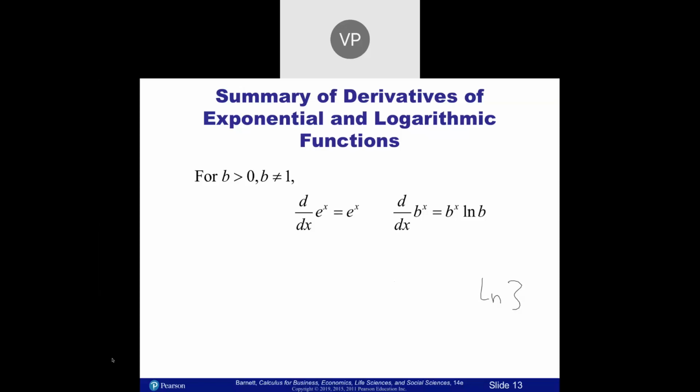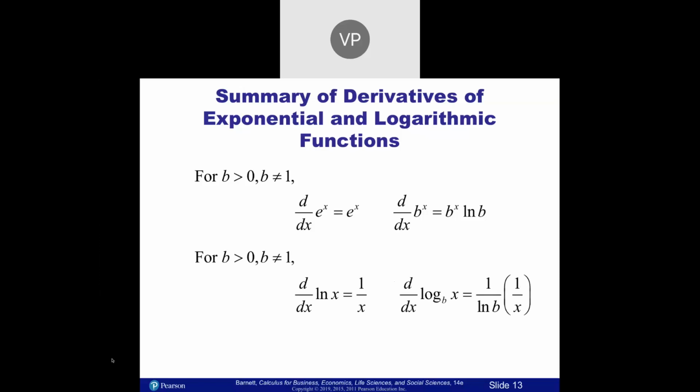So like I said, a lot of the slides here today are just showing you how they get these formulas. I just want you to know what the answer is, not how we get it. So this is one that we had earlier, this e to the x, and then we also learned this one earlier today. The derivative of natural log of x is 1 over x. So that's if it's a natural log, if it's a base e.